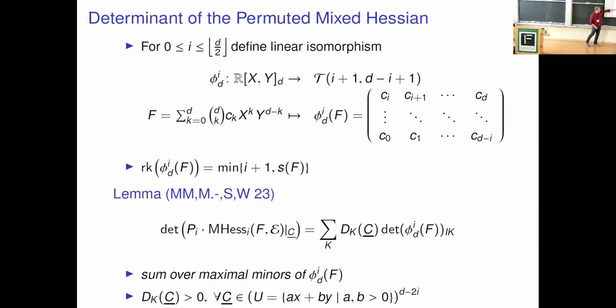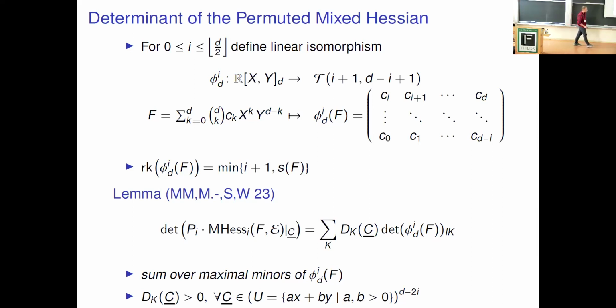that the determinant of the permuted Hessian matrix can be computed as a linear combination of the determinants of the maximal minors of this Toeplitz matrix phi d. Moreover, the weights in that combination you can show are positive polynomials that evaluate positively on this standard open cone.